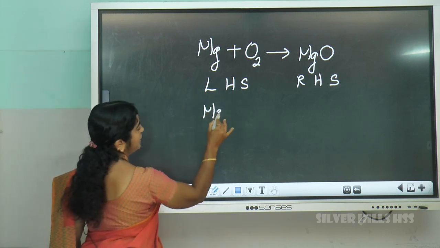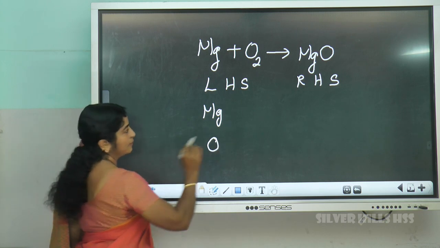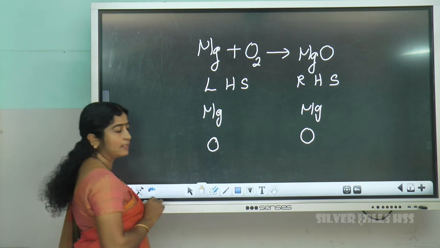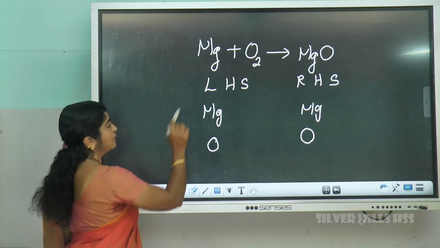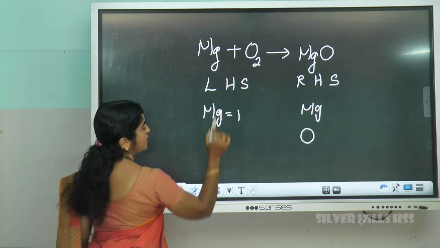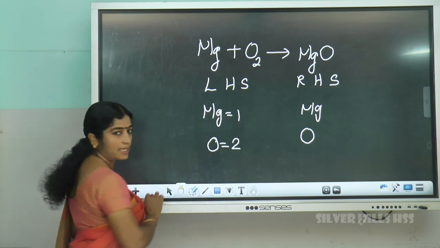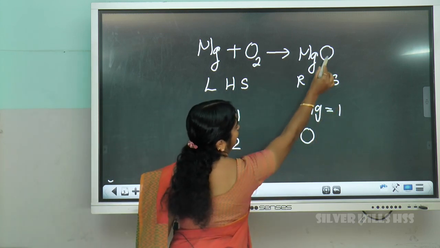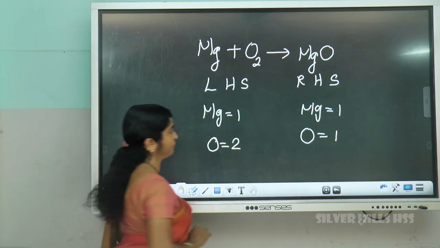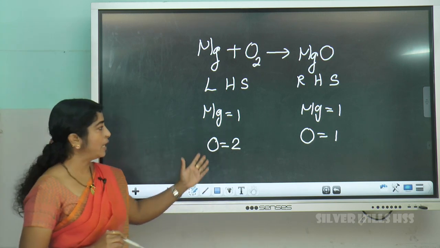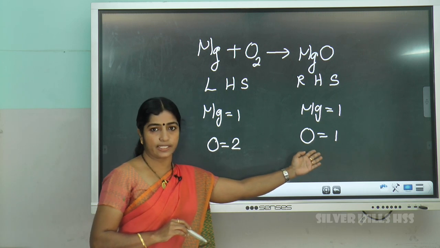The atoms are magnesium and oxygen, and on RHS magnesium and oxygen. Write the number of atoms. On LHS, 1 magnesium atom and 2 oxygen atoms are there. On RHS, only 1 magnesium atom and only 1 oxygen atom. Magnesium is balanced, but oxygen is not balanced. We have to make oxygen 2 here on RHS.